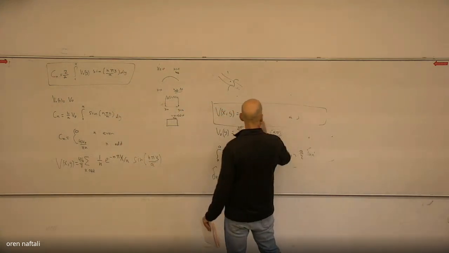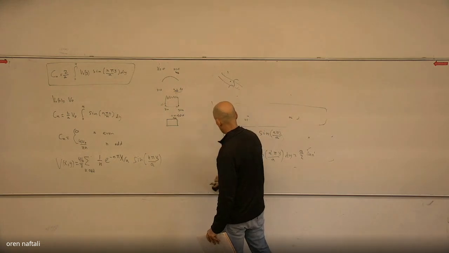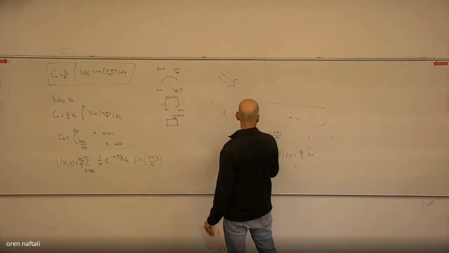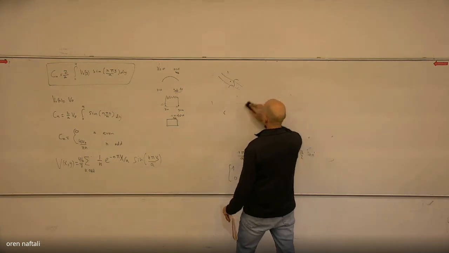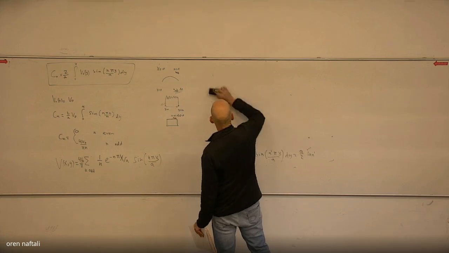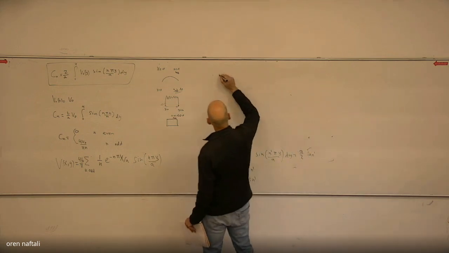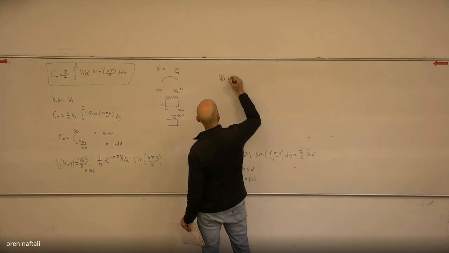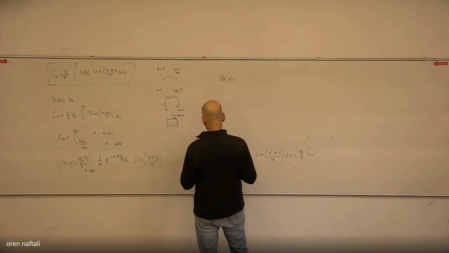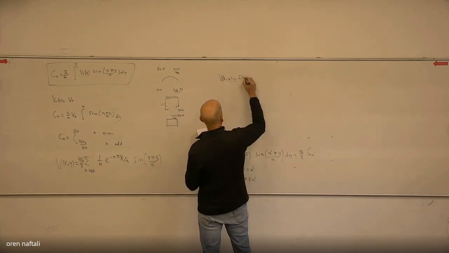If you want, you can sum the series. You can get a simple expression. Simple, it's not so simple actually. So V(x,y), summing the infinite series, is given by this strange expression.